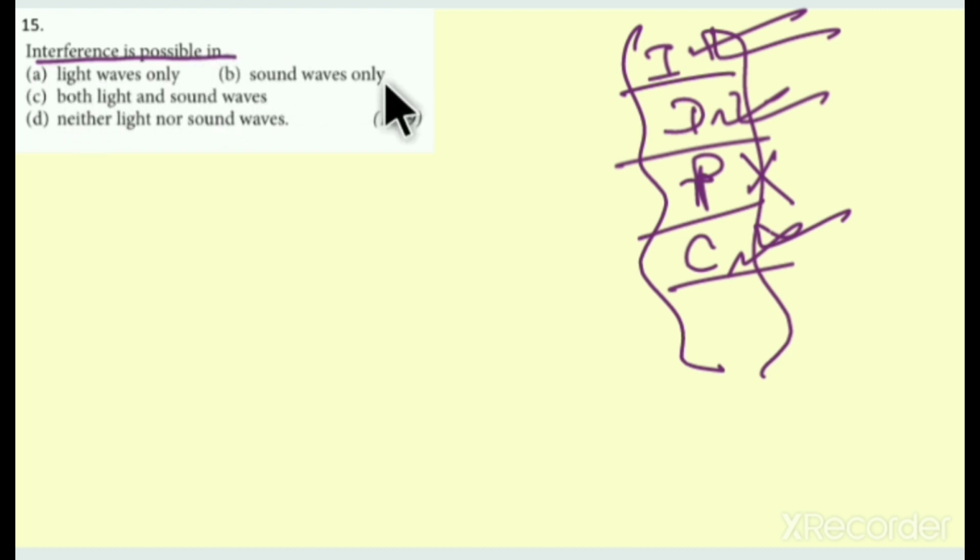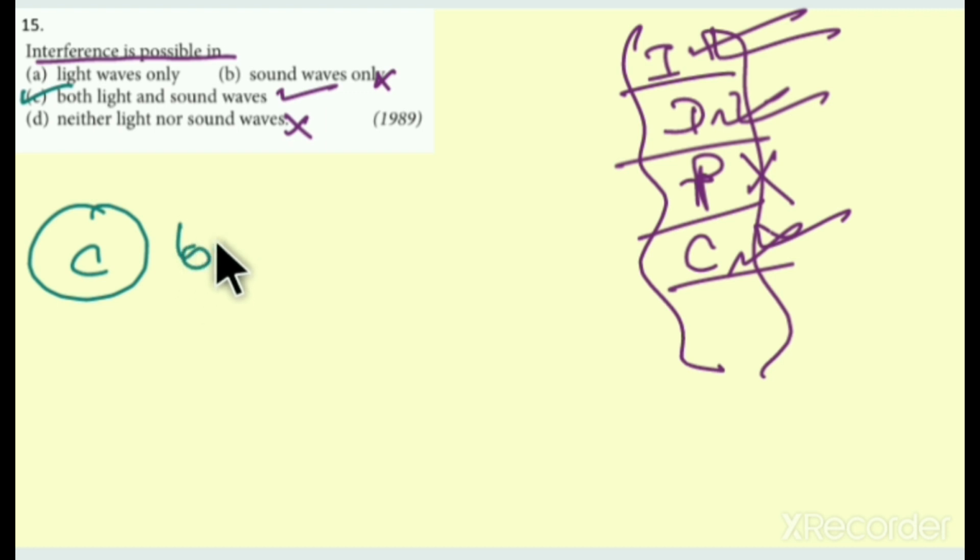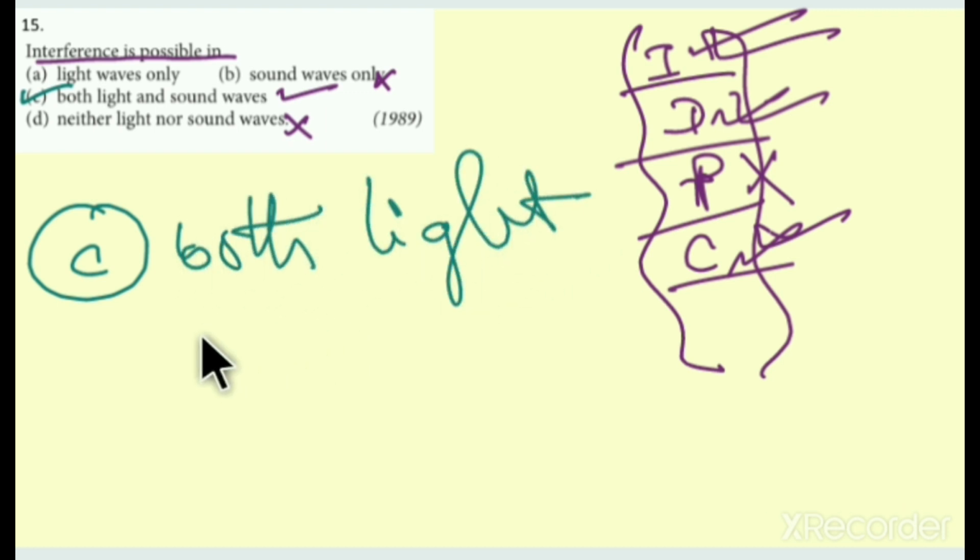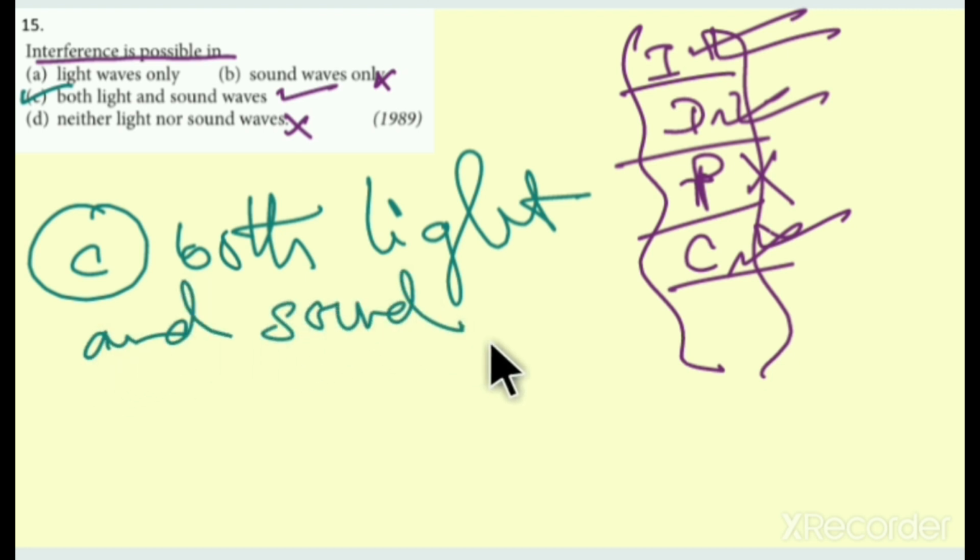No. Sound waves only? No. Both light and sound waves? Yes. In neither light nor sound wave? This is also no. So our answer is C, it is possible in both light and sound waves. Option C is correct.